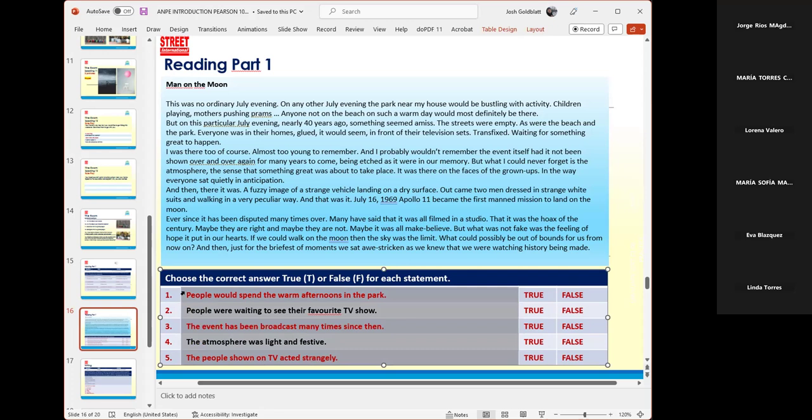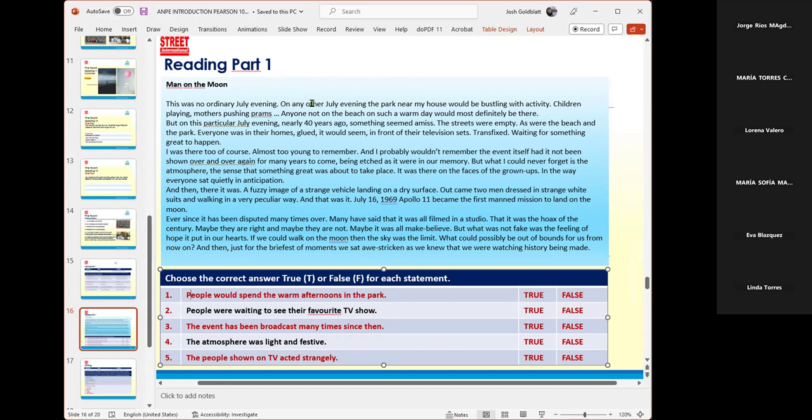Yes. First, read the questions, understand the questions, and when you've understood question number 1, look for the answer in the text. People, warm afternoons in the park. Park. Streets were empty. Beach, park.